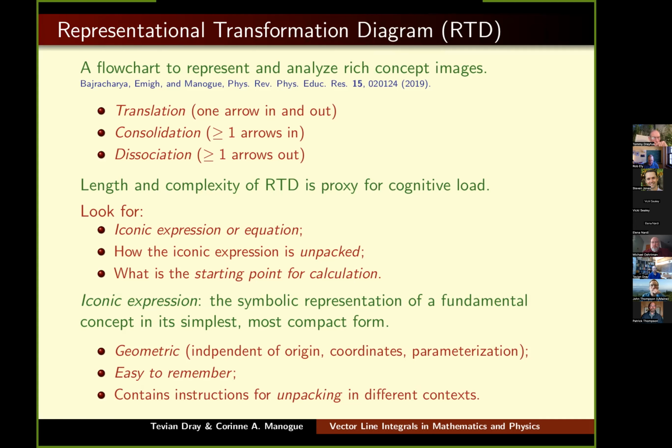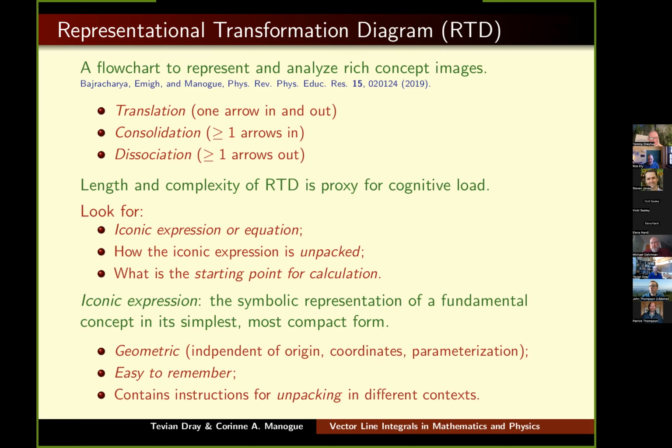The RTD classifies the connections depending on the number of arrows connecting the different boxes. You'll see an example on the next slide. The distinction is between translation, where you're just rephrasing things; consolidation, where several concepts are combined into a single one; and dissociation, where you're using a starting point and fanning out into consequences.